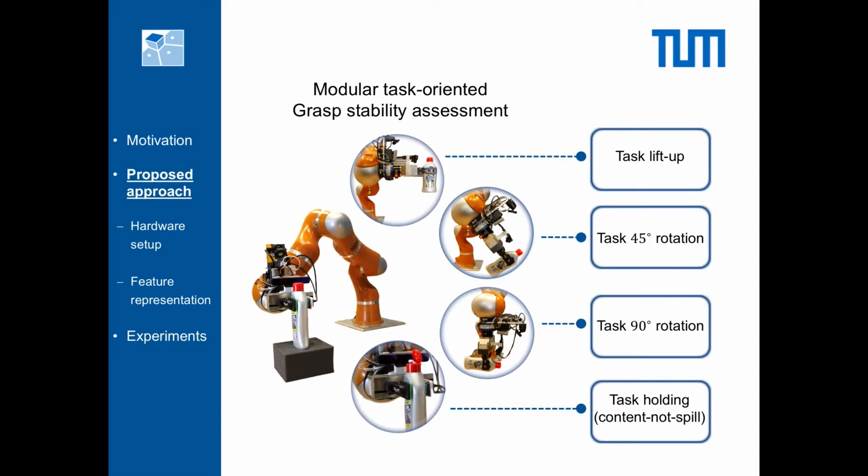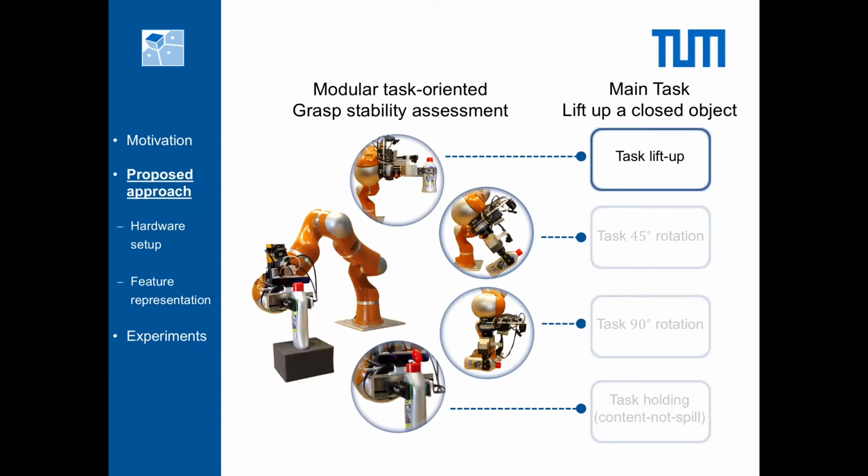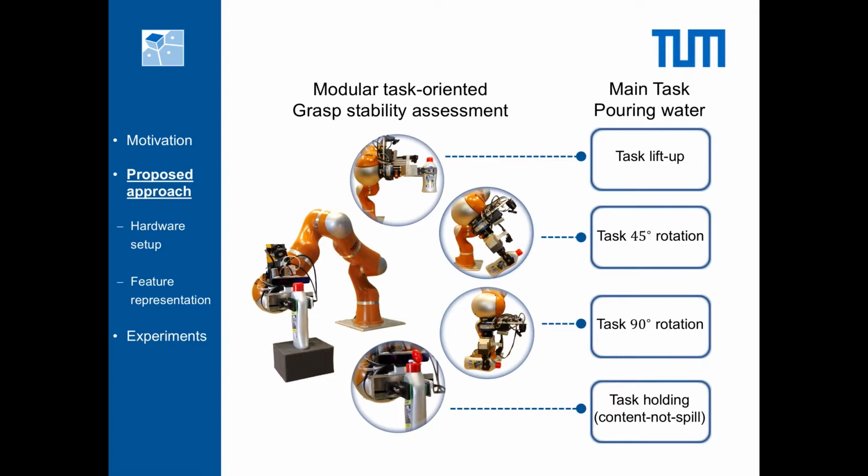retraining the underlying model. For instance, for lifting up a rigid or a closed object, only the lift up task needs to be considered. If we want to lift up an open bottle, we should consider the task lift up and the task holding where the content does not spill. For pouring water from a soft plastic bottle, all 4 tasks should be considered.